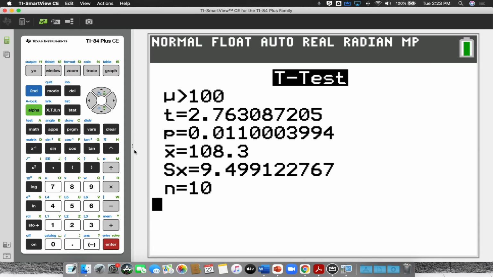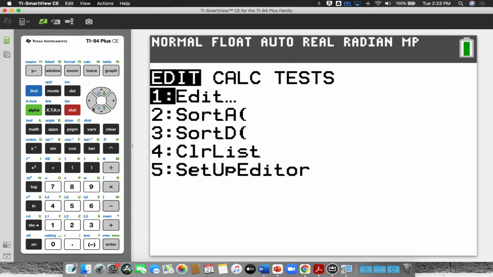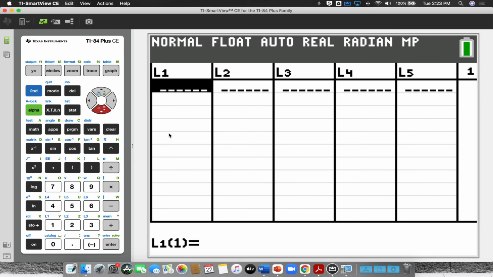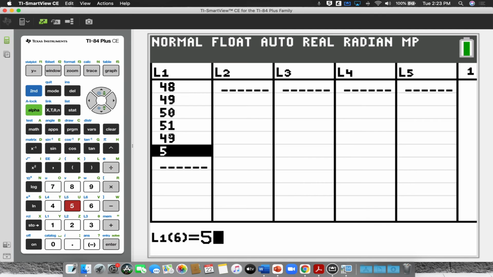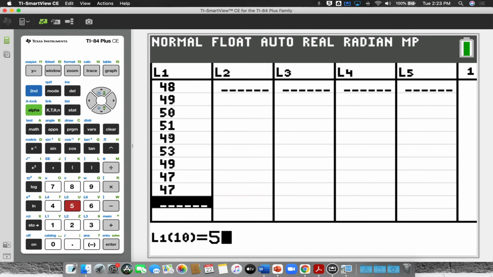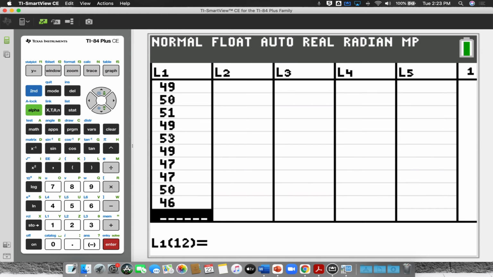Let me put those guys in my L1. 48, 49, 50. 51, 49, 51. Oops. 49, 47, 47. 50, 46, and 48.